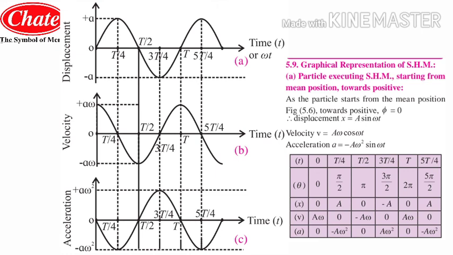By putting these values you obtain the respective values of x, then the respective values of velocity, and then the values for the acceleration. Accordingly you have to draw the graphs, indicating the positive extreme position and the negative extreme position for the displacement, velocity and acceleration. And then you have to draw the three graphs very neatly.